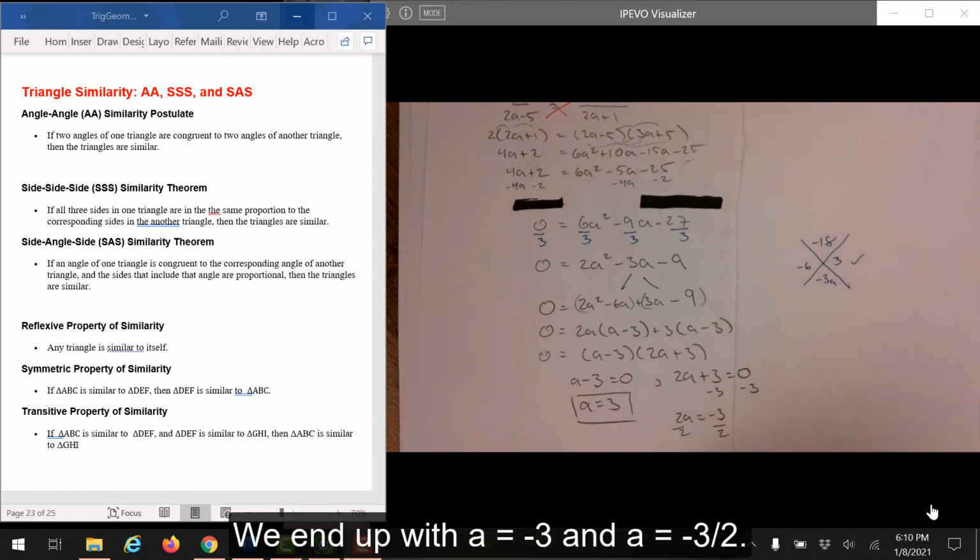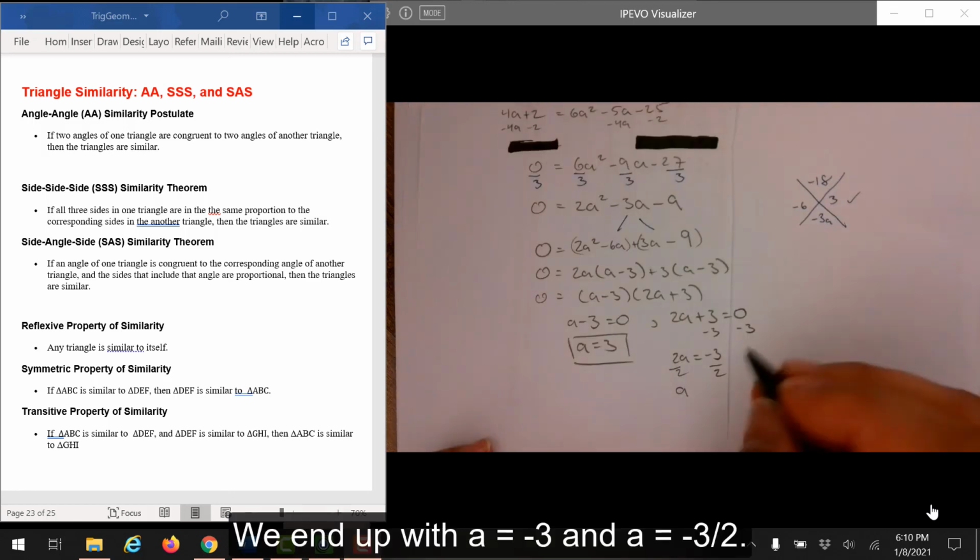We end up with a equals 3 and a equals negative 3 halves.